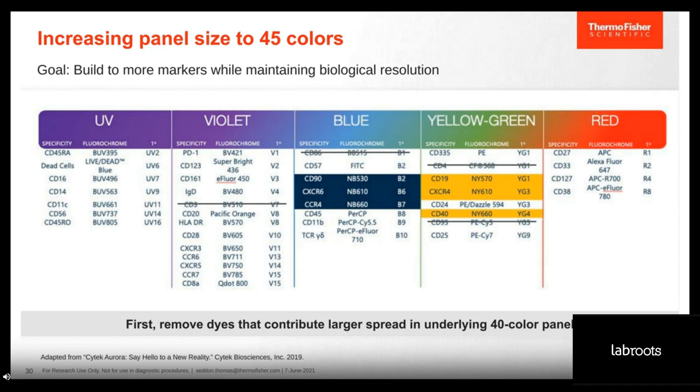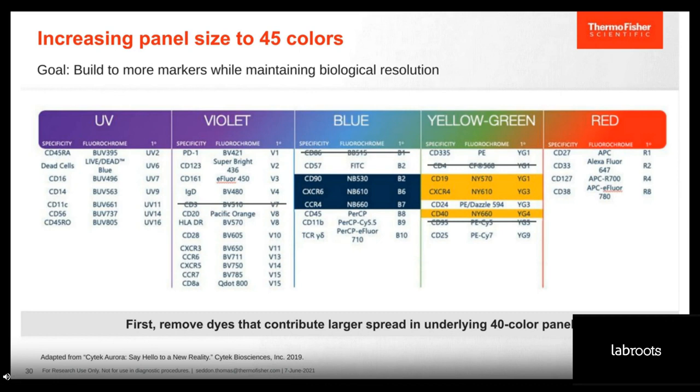And then, if you try to increase that to 45 colors, how do you do that in a way to really think about what's happening? And so what you can see here, basically taking that original 35 color panel, removing one of the labels that was not commercially available, so 34 colors, and then taking that to 40 colors, and then looking at some of the places where there were issues.